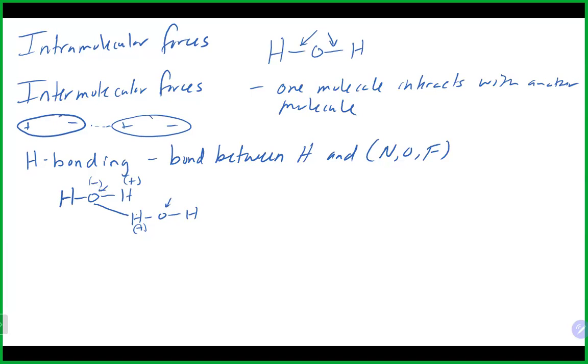And really the reason for that is because when the hydrogen is attached to either nitrogen, oxygen, or fluorine, those are your three big electronegativity elements, you'll get a pretty good separation of charge, which means you'll have a positive side and a negative side that allows it to interact really well with each other.